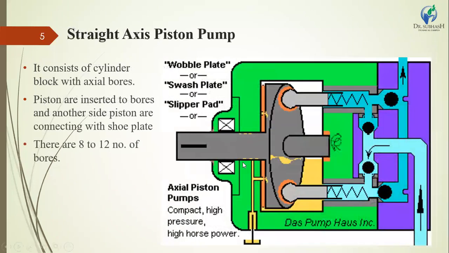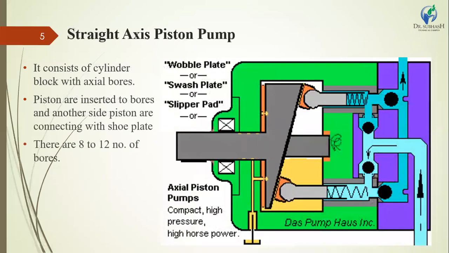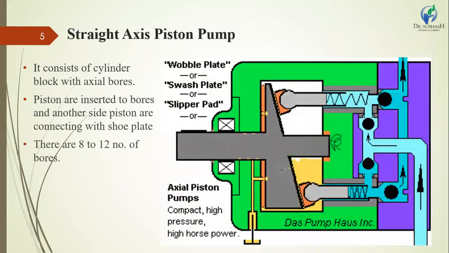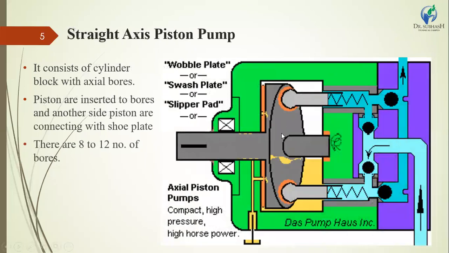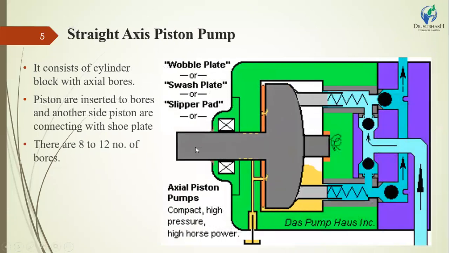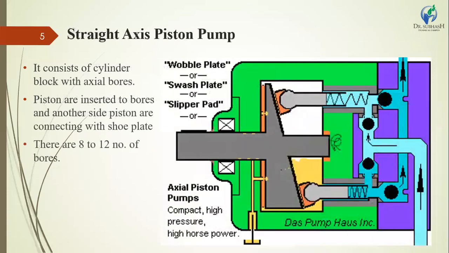The next pump is the straight axis piston pump. The figure shows the straight axis piston pump. Here, this gray part is the rotating straight axis, to which we give external prime mover rotation through a plate.